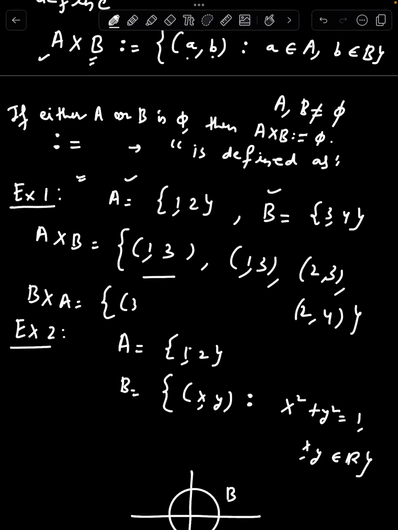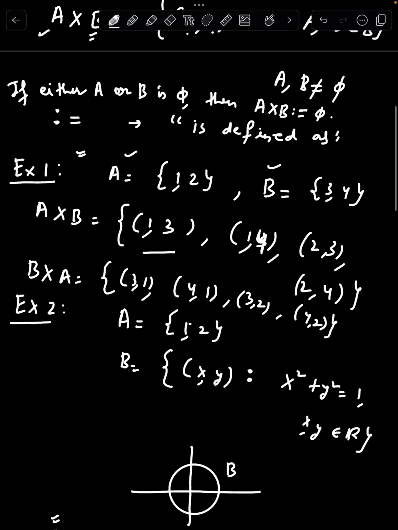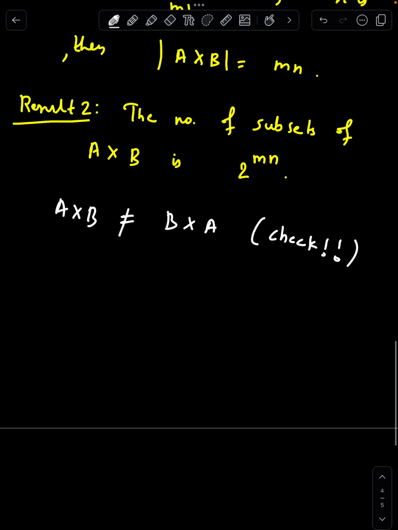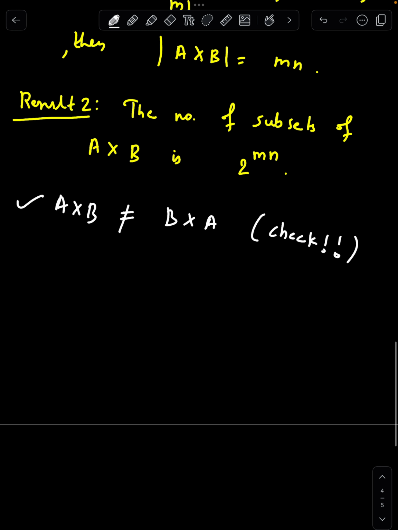So we'll have (3, 1), we'll have (4, 1), we'll have (3, 2), we'll have (4, 2). You can see that they are not the same, right? So we have checked this. Now let's take a look at the binary operation.